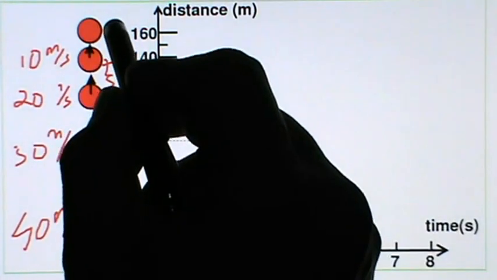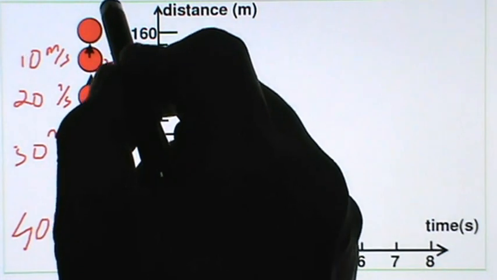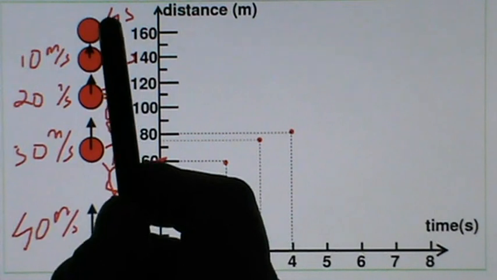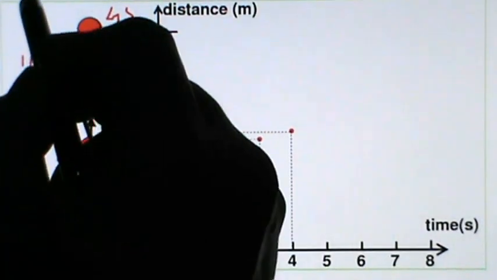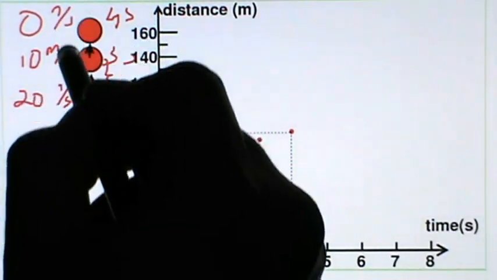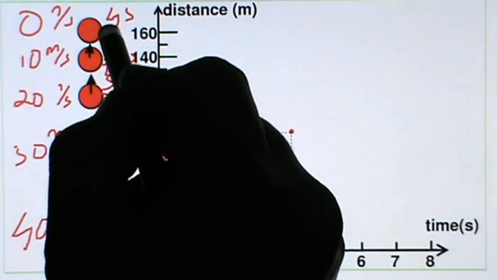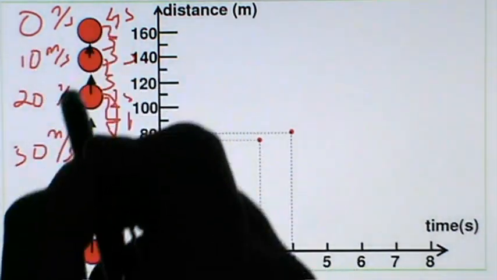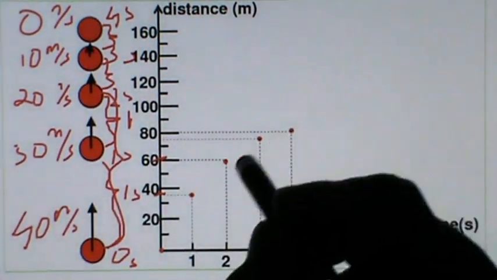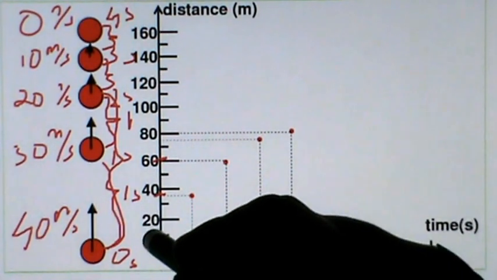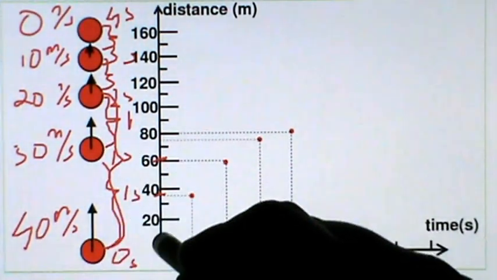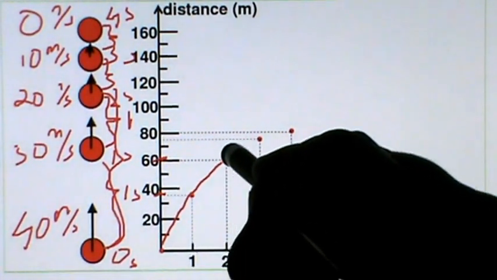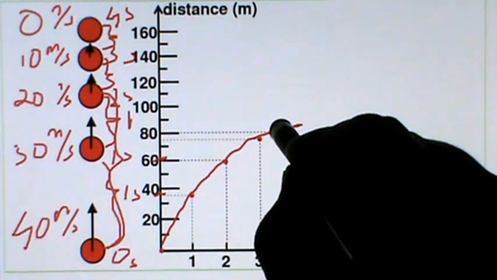Then from 3 seconds until 4 seconds, the time when it gets to the highest point, you know that the speed is 0, so the distance in this interval is 5 meters. So you get this point, and if we connect these points along its journey, we'll get a parabolic curve like this.